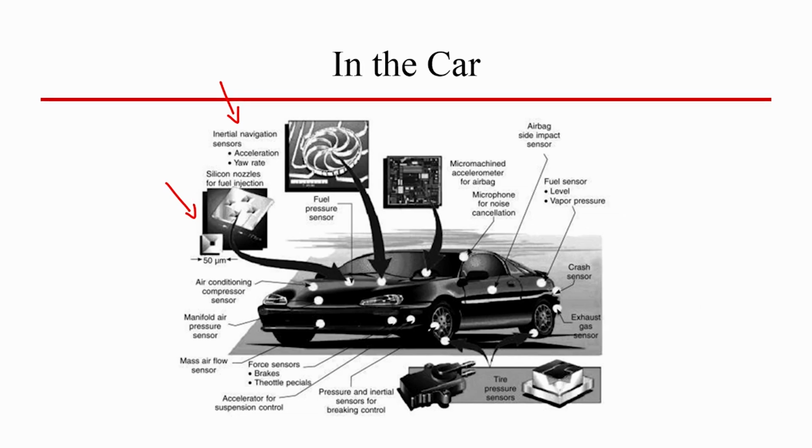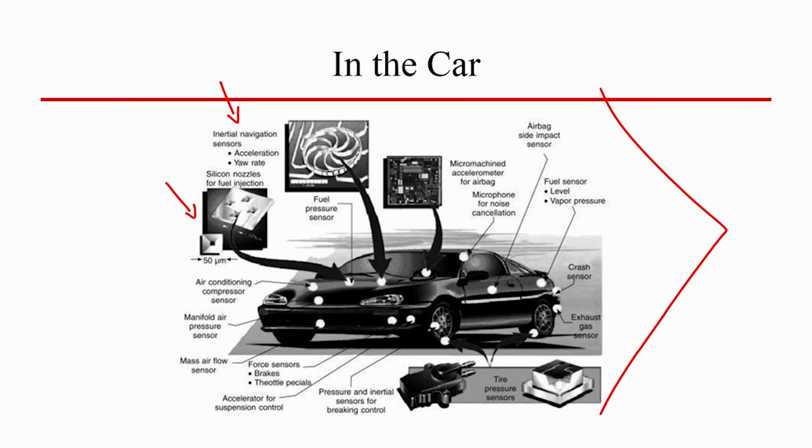Then we have an air conditioning compressor sensor, a manifold air pressure sensor, and a mass airflow sensor. Then we have force sensors for brakes and throttle, an accelerometer for suspension, a pressure sensor for braking control, tire pressure sensors, exhaust sensors which are gas sensors, and crash sensors. We have fuel sensors, airbag sensors, micromachined accelerometers, and a microphone for noise cancellation. So many sensors in one automobile when you get it.